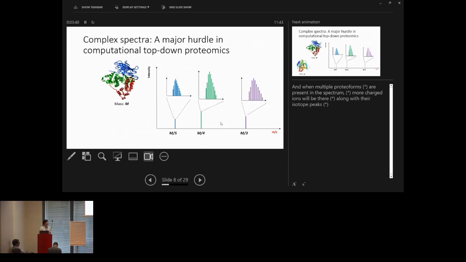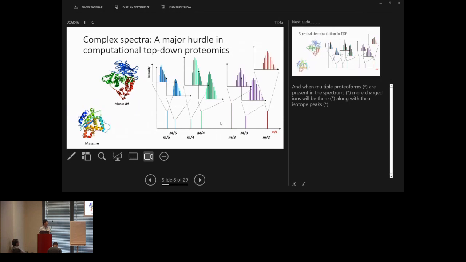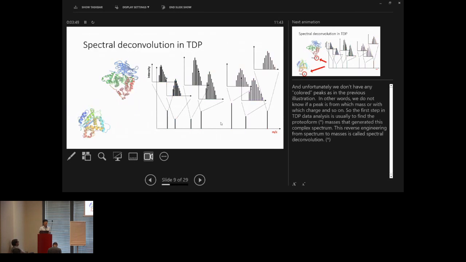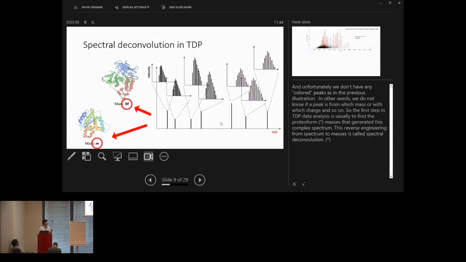And the worst case is when we have a bunch of different molecules, proteoform molecules, then we have additional peaks in here. And in reality, we don't have any color. In other words, we don't know any charge. So we need to find out what kind of masses are there from these dense peaks. So we want to first go back to the molecular mass that generated the spectrum, and this step is called spectral deconvolution.